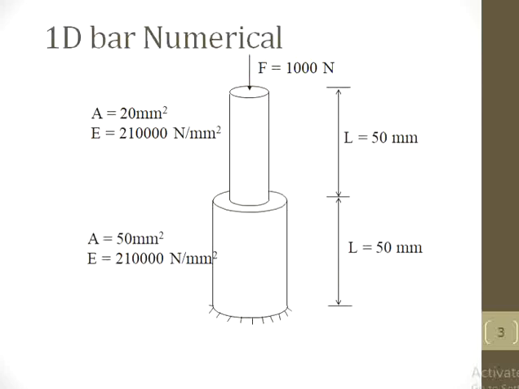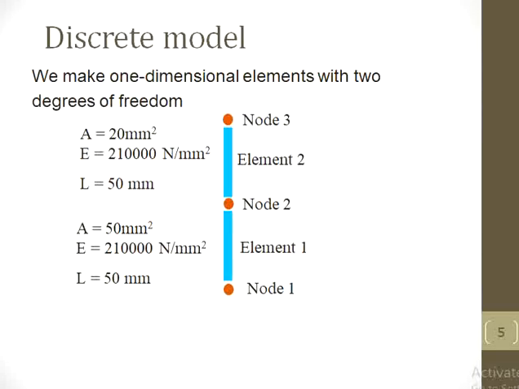So our ultimate objective in this type of structural problem is to find stress and strain by calculating displacement. So for this problem, according to the first step, we convert into a discrete model, means we have a continuous model, and that continuous model is converted into a discrete model, means convert that model into elements and nodes.